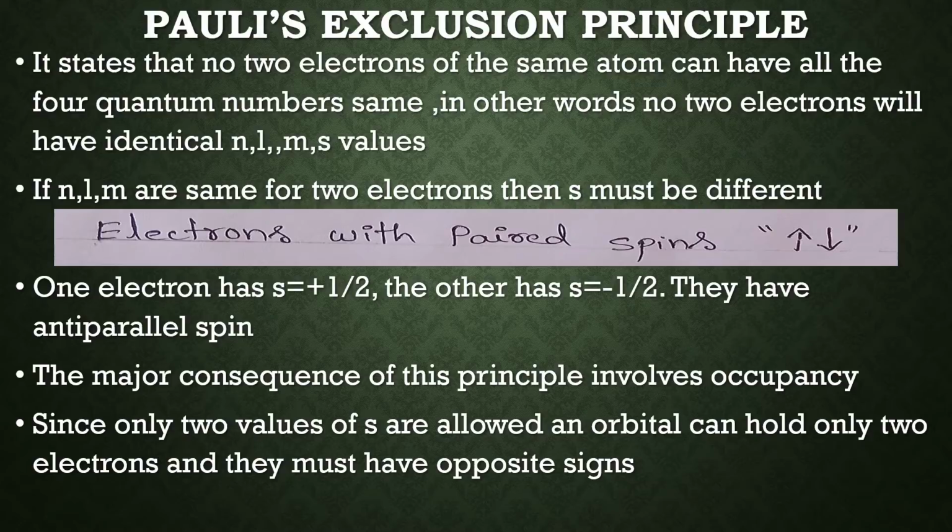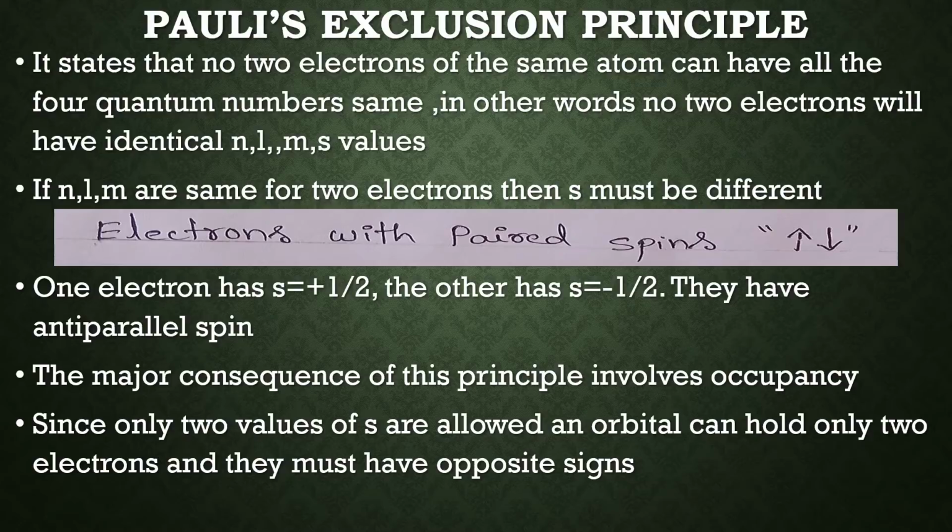Electrons with paired spins are denoted by an up arrow and a down arrow. One electron has s equals plus half, the other has s equals minus half. They have anti-parallel spin. The major consequence of this principle involves occupancy.